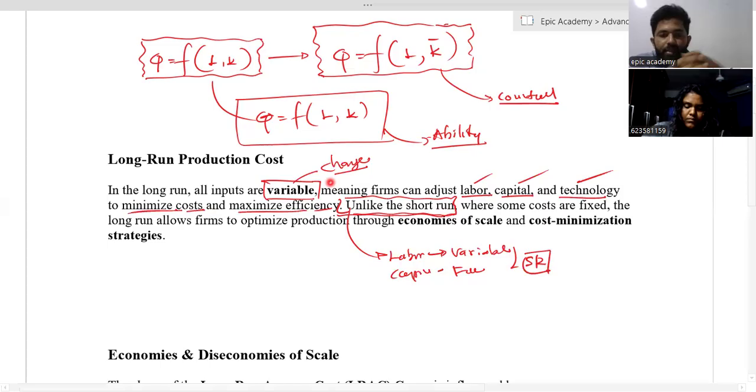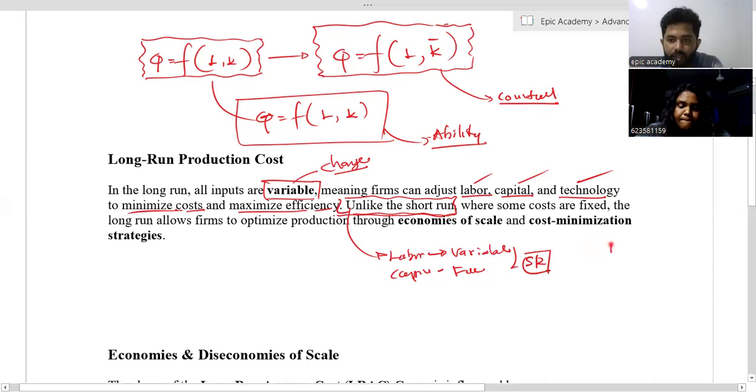Where some costs are fixed during the short run, the long run allows the firm to optimize the production. They can optimize the production by using any technology throughout the economies of scale and cost minimizing strategies. Does every organization try to minimize the cost? Why? If they can minimize the total cost compared to the total revenue, you can earn a positive profit, isn't it?